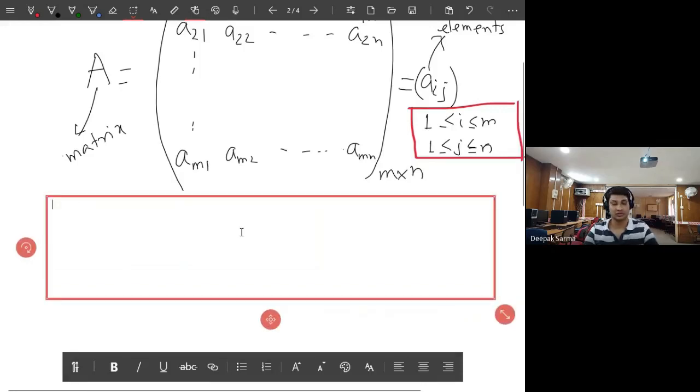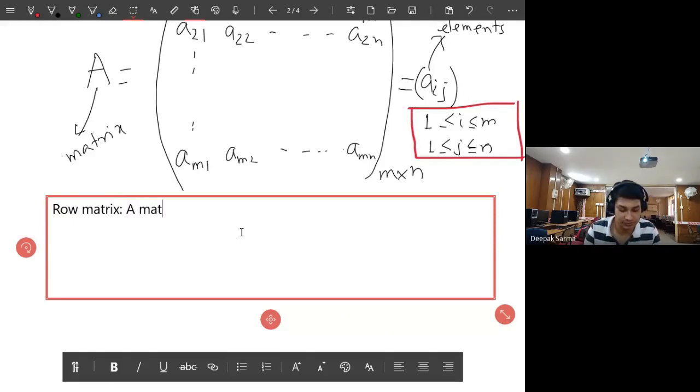Suppose first consider a row matrix or a column matrix. So what is a row matrix? A matrix having only one row. Got it? A matrix having only one row is called a row matrix.